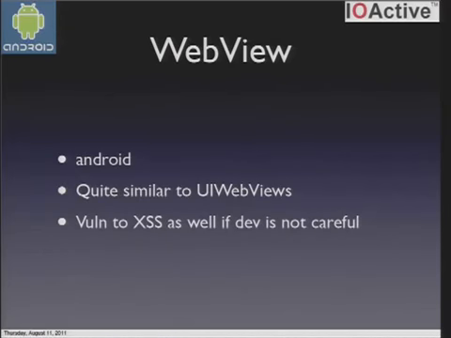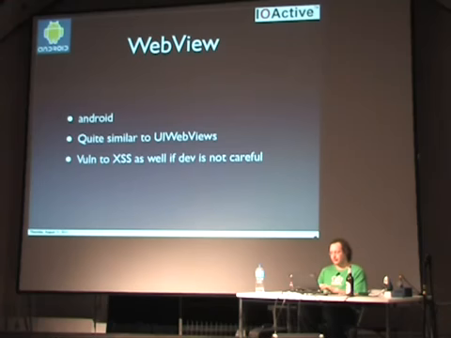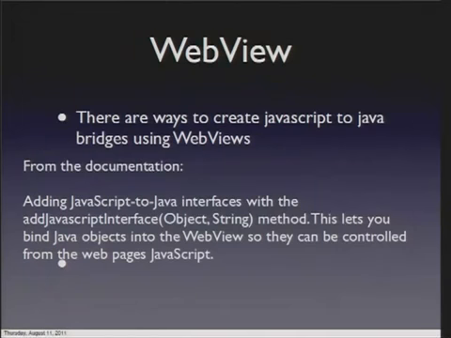On Android, it's kind of similar. They have this thing called WebView, which is exactly the same thing. It can be vulnerable to cross-site scripting if people aren't careful. They have bridges, a way to do bridges from Java to JavaScript, and this is documented. They call it addJavascriptInterface.